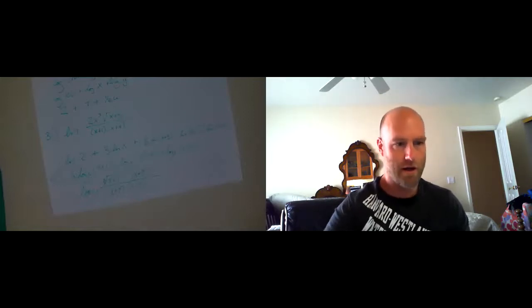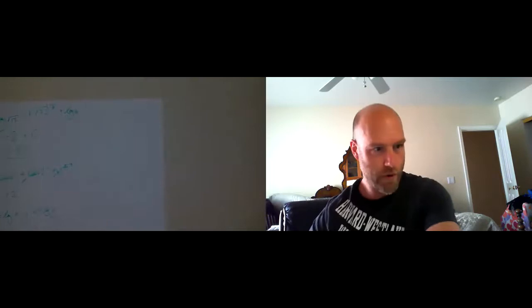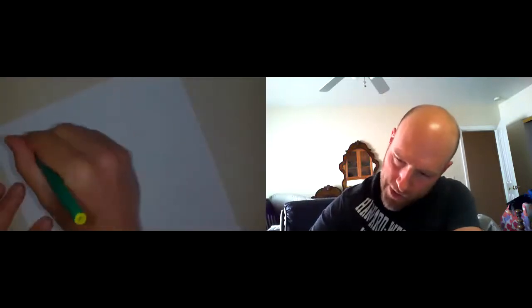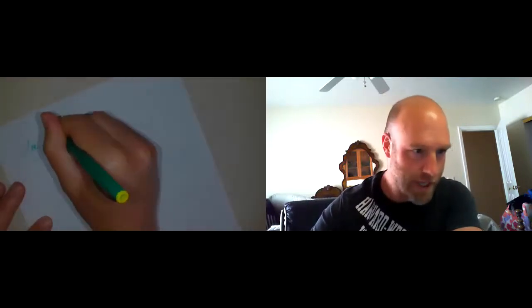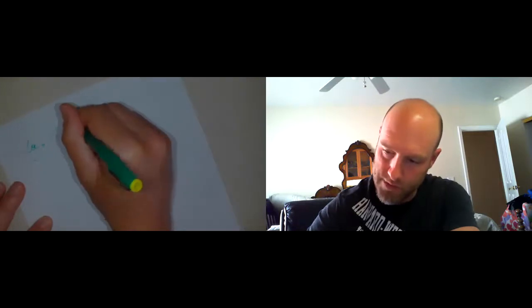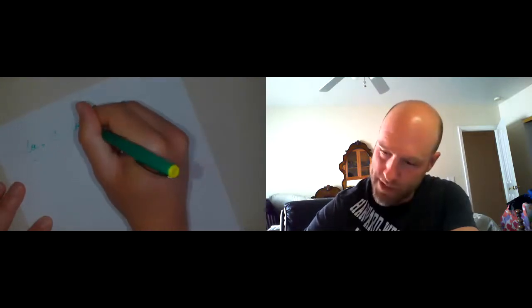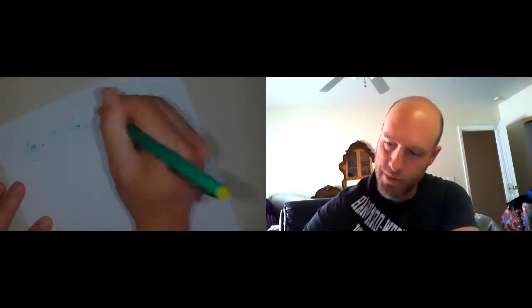Number 5, multiple choice, circle the right answer. Let's get a new sheet of paper here, and they are saying the log base b of c times the log base c of square root of b.